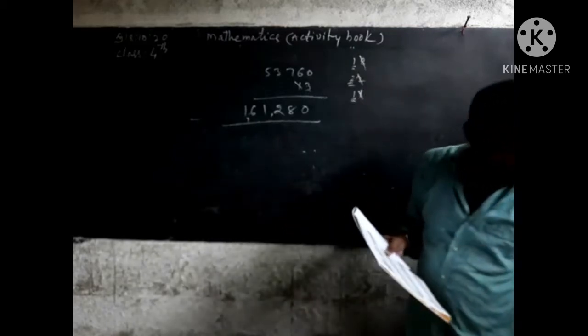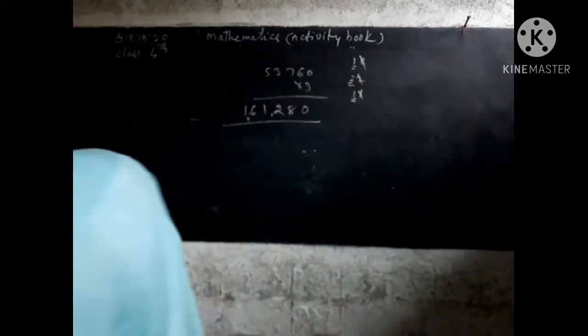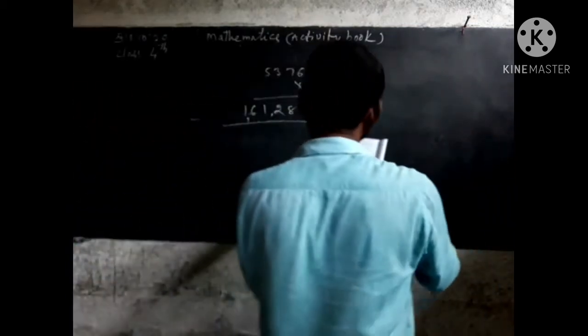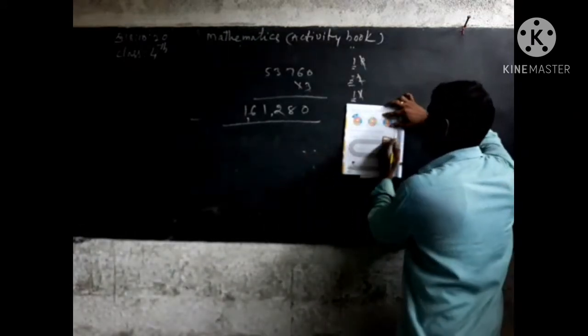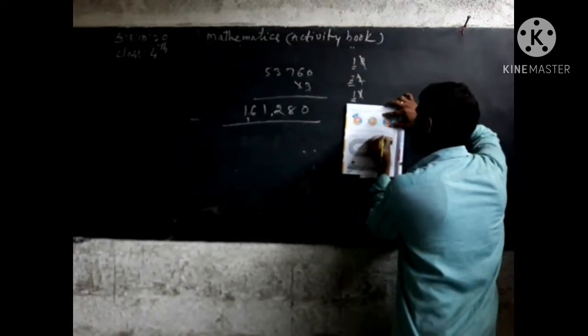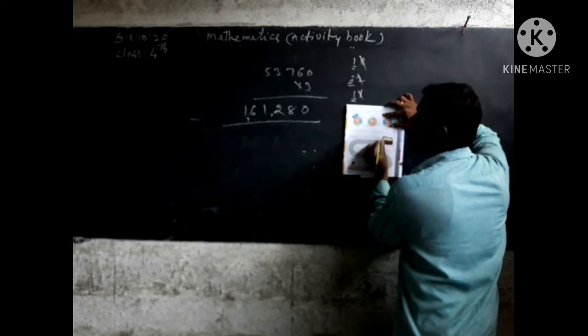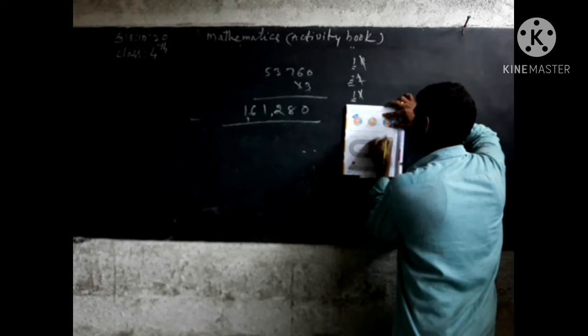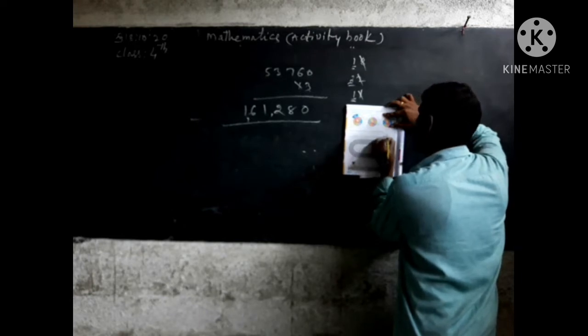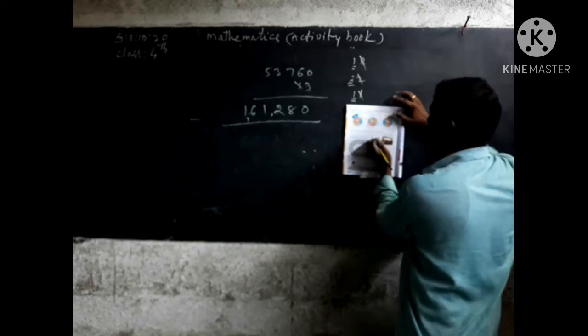So, what is the total treasure? See here, 1,61,280.